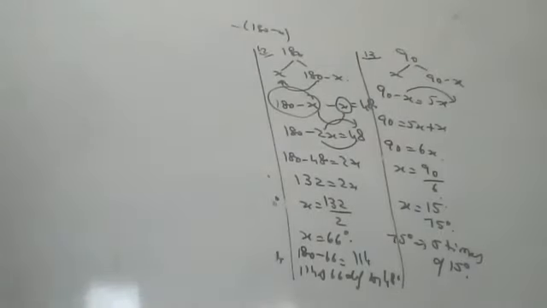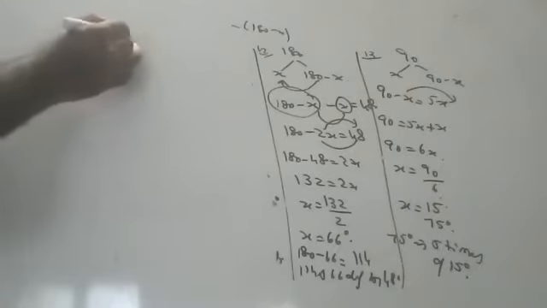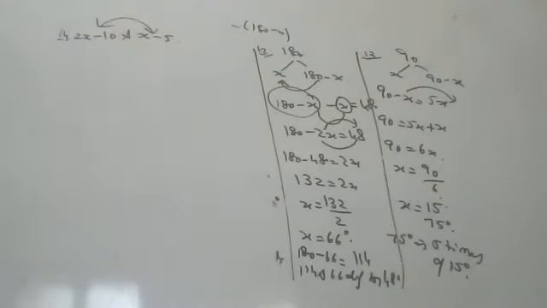Kruti, say 14th sum. They are complementary. One angle is 2x minus 10, the other is x minus 5.